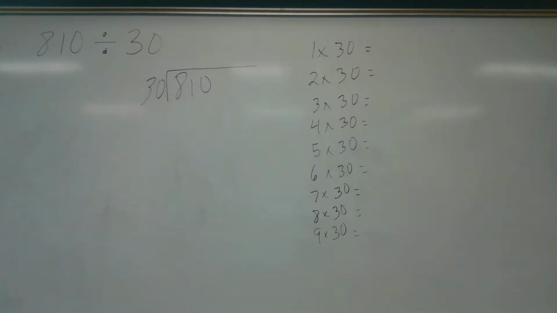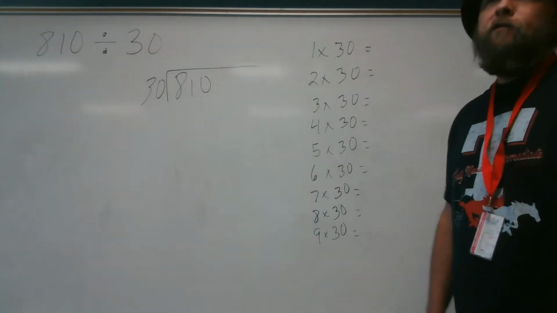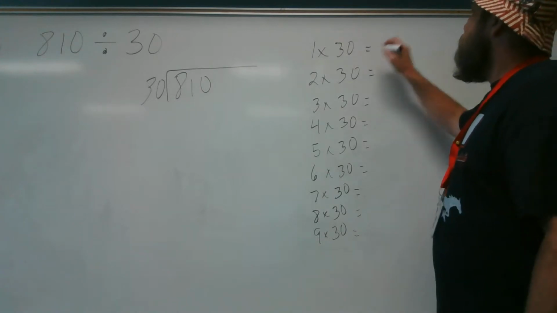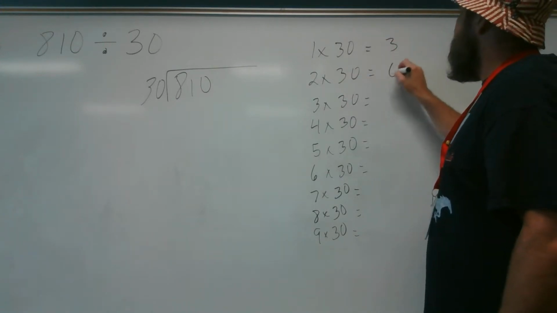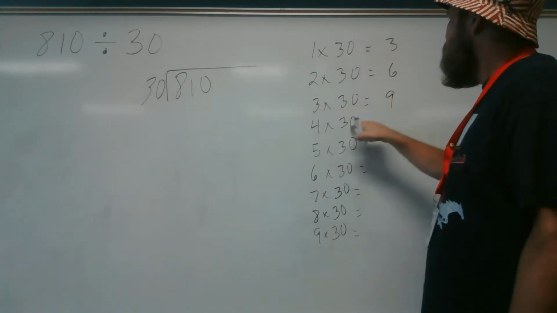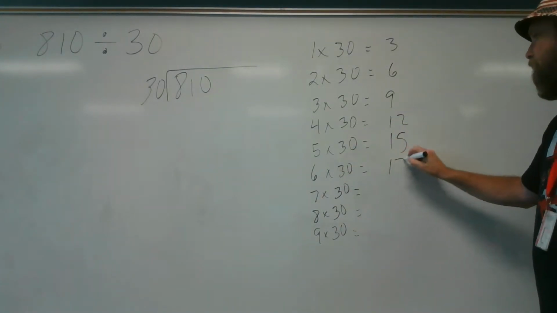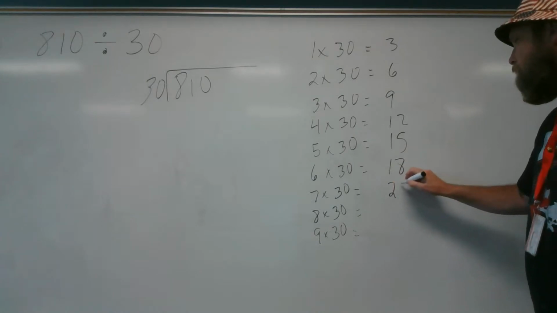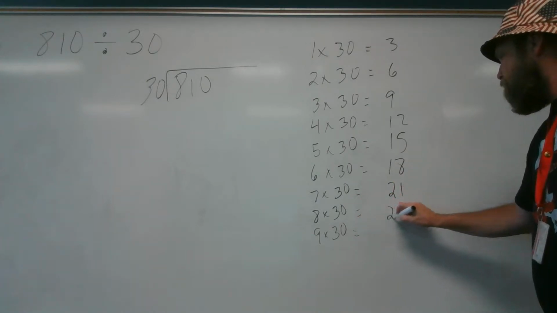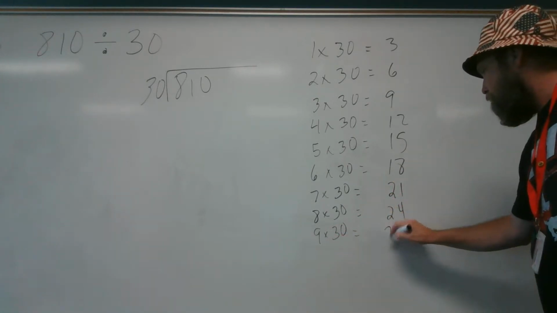So I'm going to show you how you can use your multiplication chart on this. If I flipped over to my multiplication chart and looked at my row that started with 3, 1 times 3 is 3, 2 times 3 is 6, 3 times 3 is 9, 4 times 3 is 12, 5 times 3 is 15, 6 times 3 is 18, 7 times 3 is 21, 8 times 3 is 24, 9 times 3 is 27.